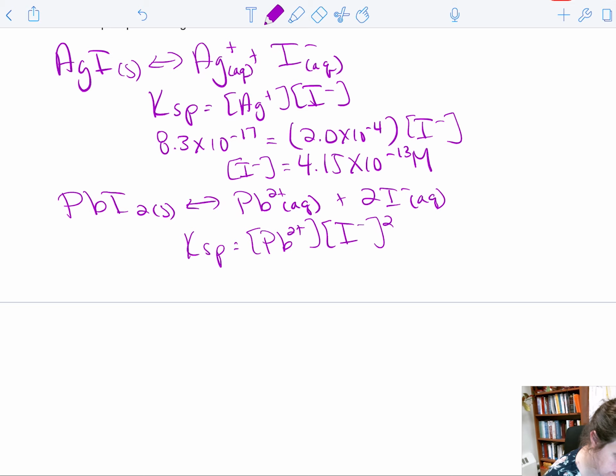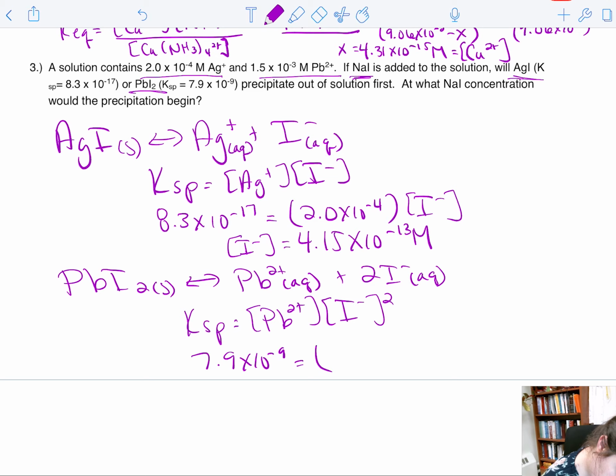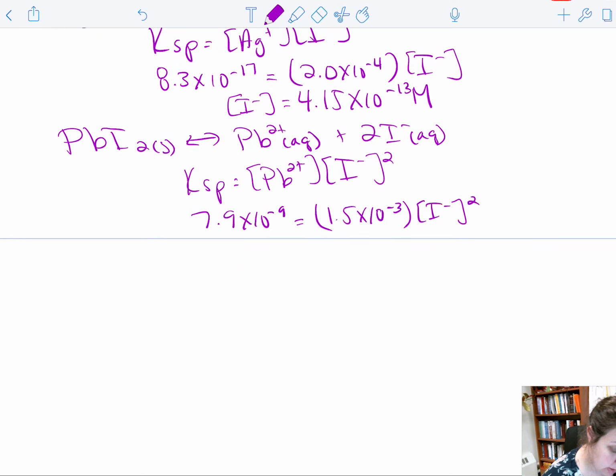Our Ksp for lead iodide is 7.9 times 10 to the negative 9. This will be equal to our lead concentration of 1.5 times 10 to the negative 3 times our iodide concentration squared. We then again will solve for I minus, and we'll get a value of 2.29 times 10 to the negative 3 molar.